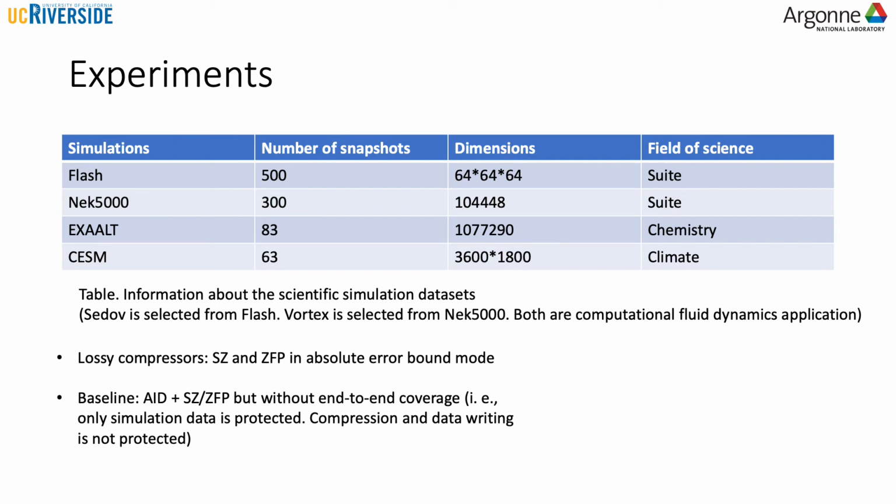simulation. We use two of the most popular lossy compressors, SZ and ZFP, both in their absolute error bound mode. As for the baseline, since 8 has already been used for SDC detection in HPC simulations without lossy compression, and the lossy compressors are also available to be used for those applications, we set the baseline to be 8 plus lossy compressor, but without end-to-end detection coverage.